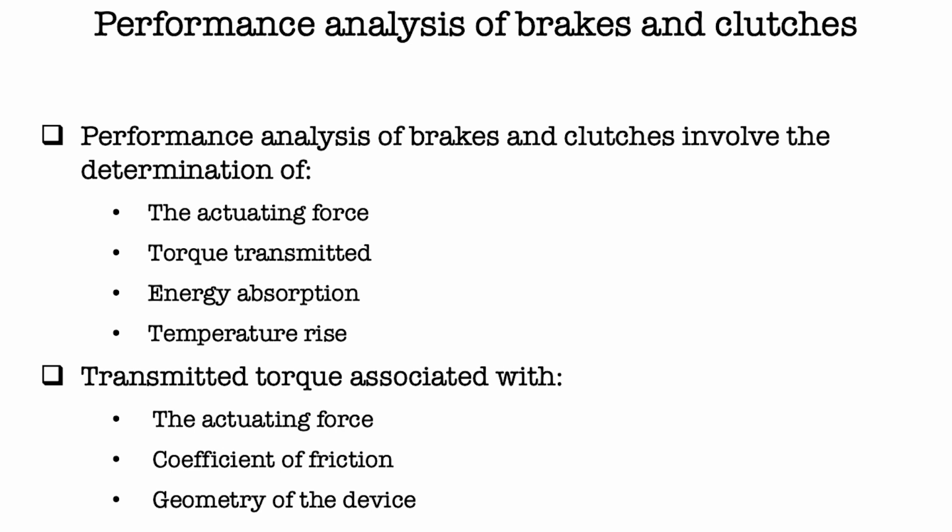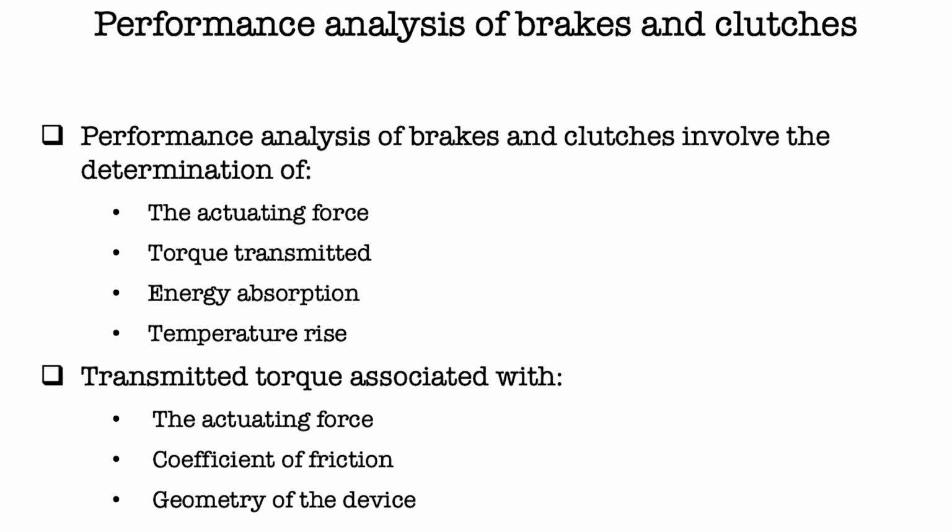Performance analysis of brakes and clutches involves the determination of actuating force, torque transmitted, energy absorption, and temperature rise. The temperature rise is related to energy absorbed in the form of friction heat during braking or clutching.